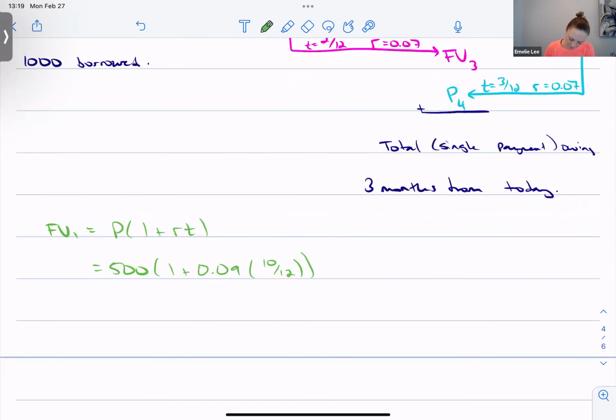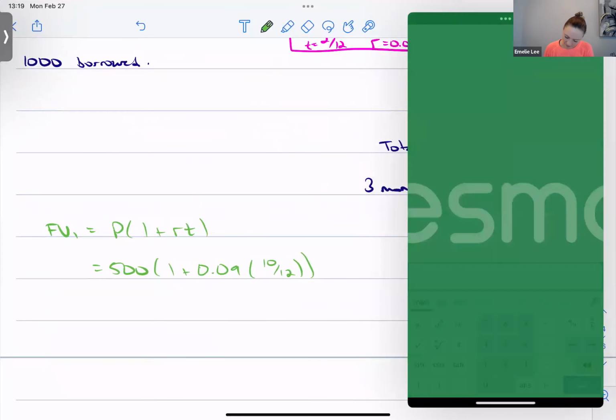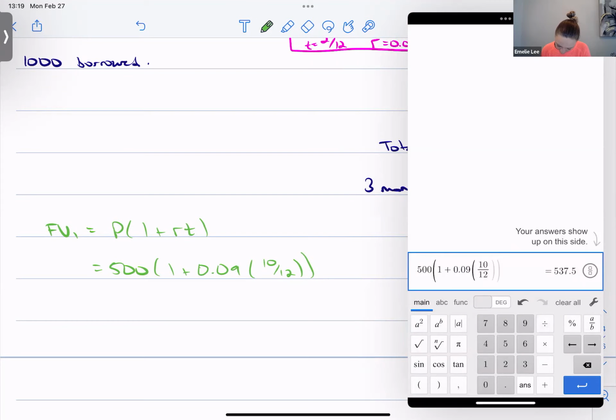Now I'm able to do it all the time. It's crazy. Cool. 500 times 1 plus 0.09 times 10 divided by 12. Step it out, step it out. 537.50.